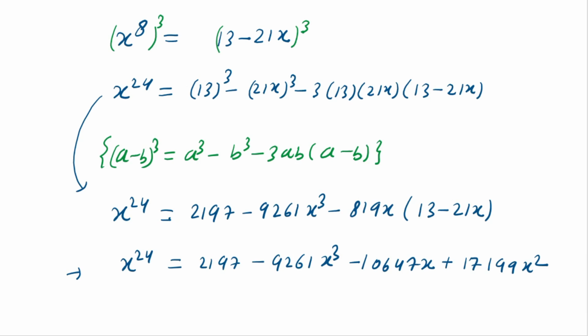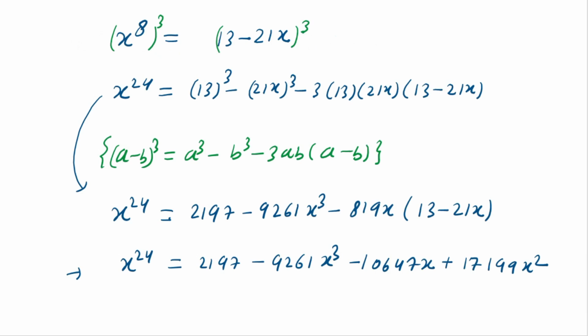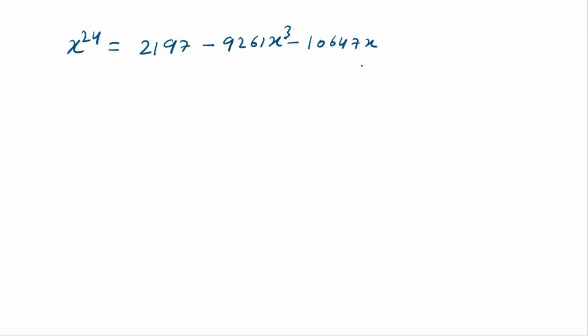Here x^24 equals, in the right hand side, 2197 minus 9261x^3 minus 10647x, and the last term is plus 17199x square.